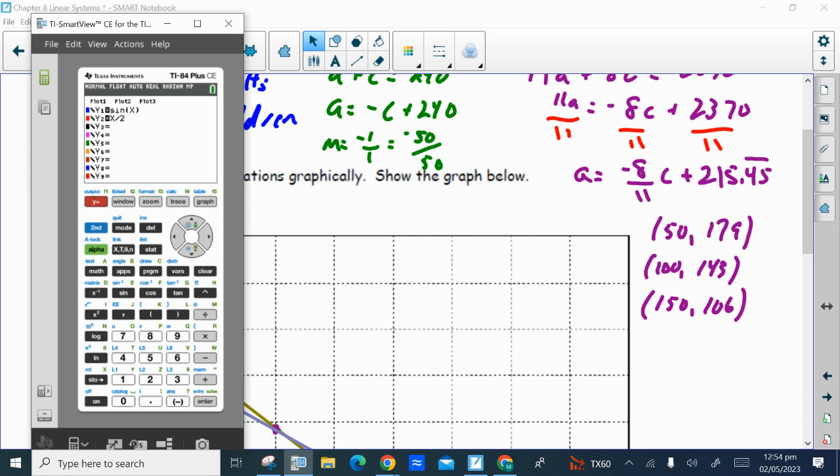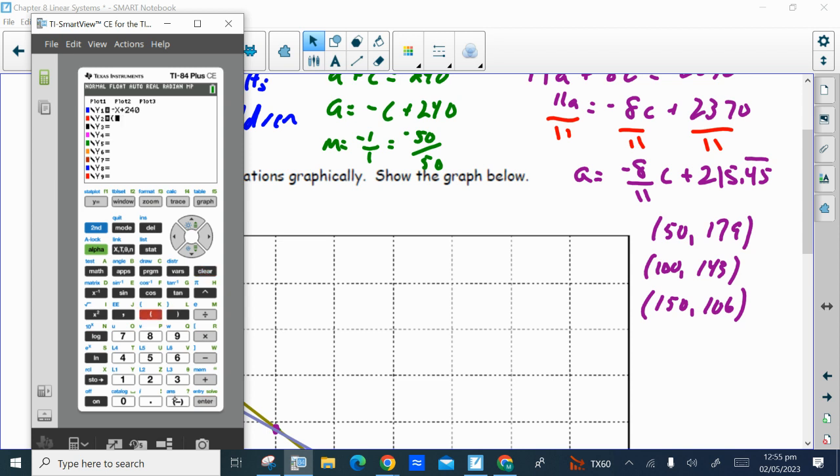So in y equals, my first equation is negative A is negative C plus 240. But again, we only have one choice for our variable. It's y equals, and then it'll be negative x plus 240. My second equation is negative 8 over 11 times x.